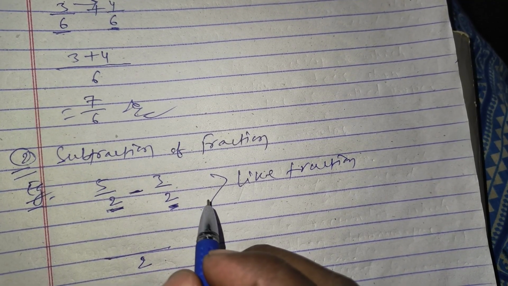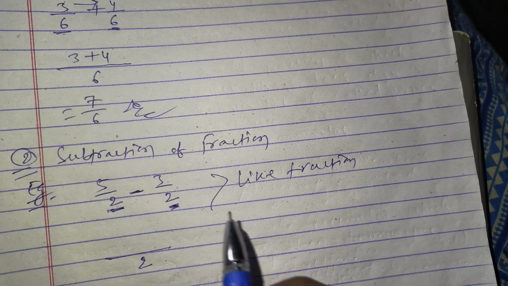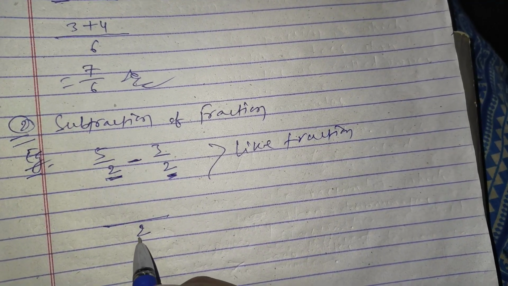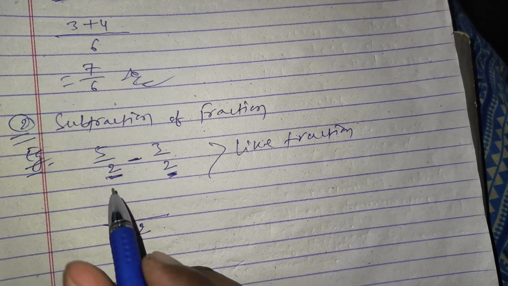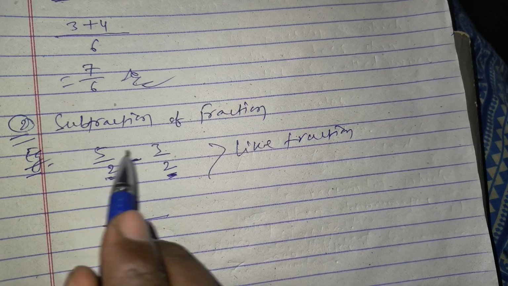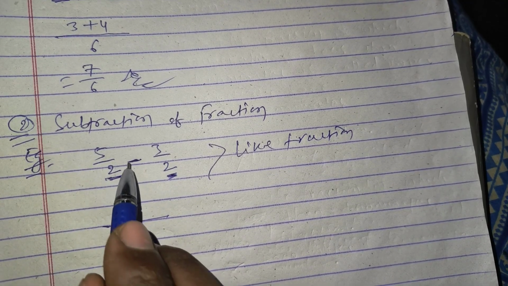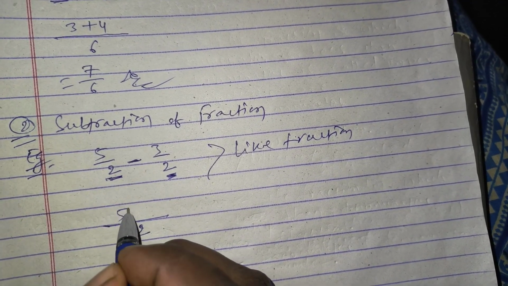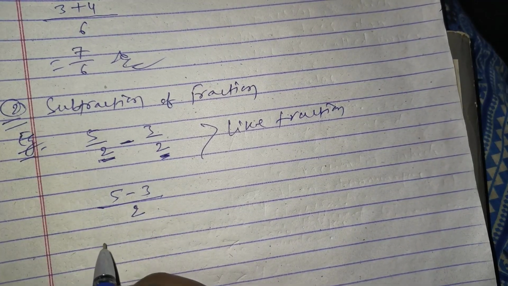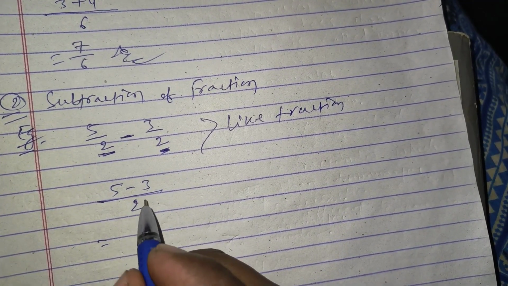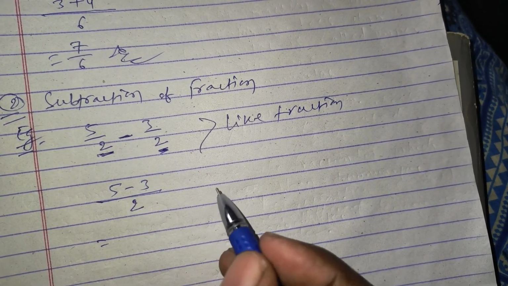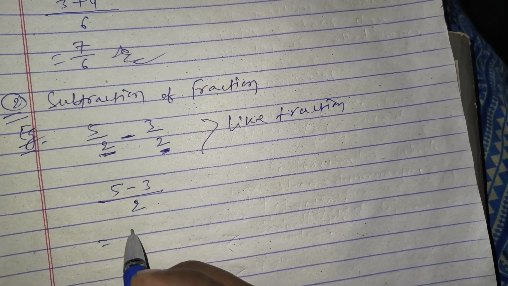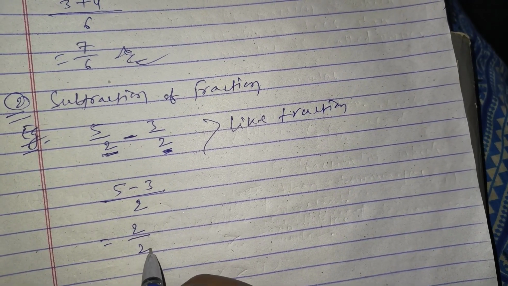As we studied before, to add like fractions we keep the denominator the same and add the numerators. Here it is subtraction, so the numerators are subtracted. In this way you can simply calculate subtraction of fractions. So 5 minus 3 is 2 divided by 2.